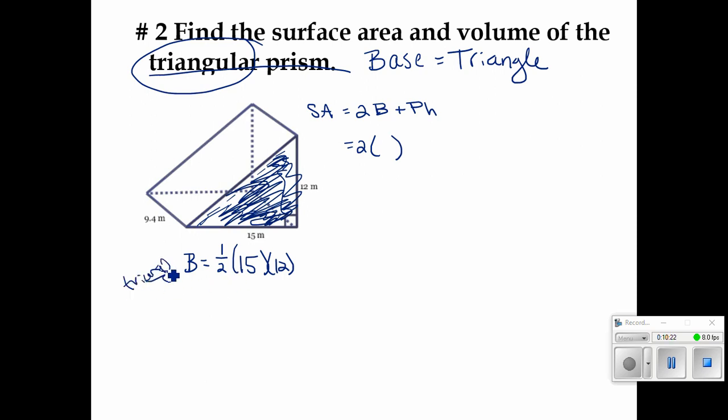Triangle formula is needed, okay? So we need to take 15 times 12 and then divide it by 2, and that gives me a base number of 90. So my area of the base is 90, or 90 meters squared, okay? Plus, now I need perimeter of the base, which remember stands for the triangle, not just what it's sitting on.